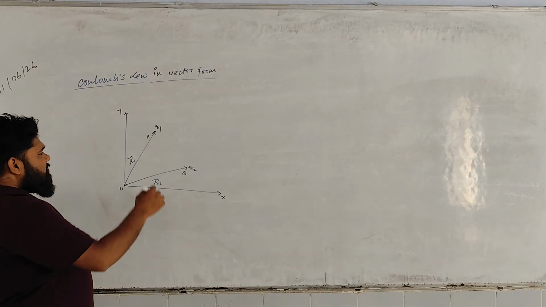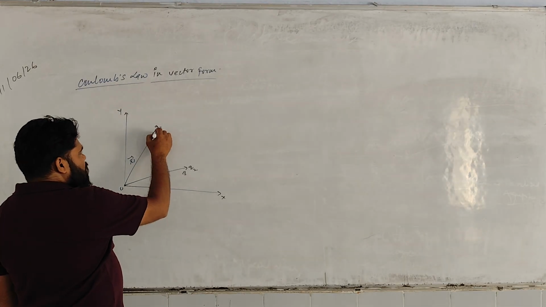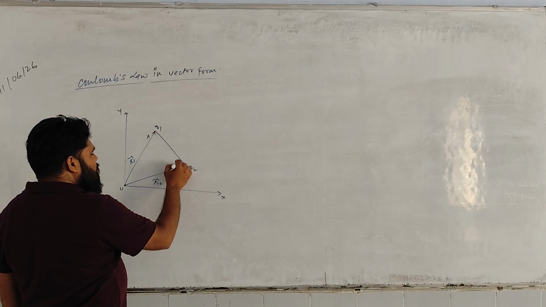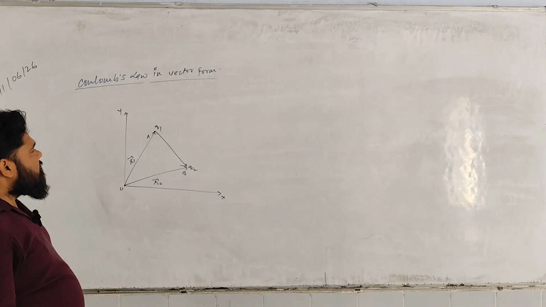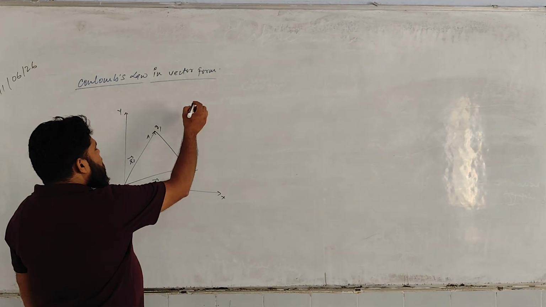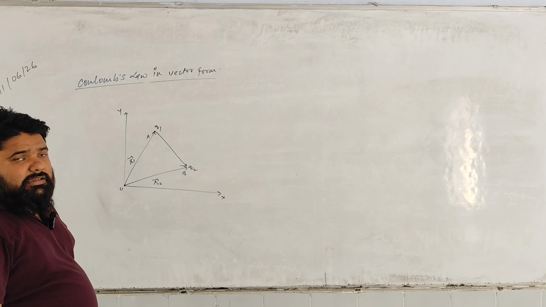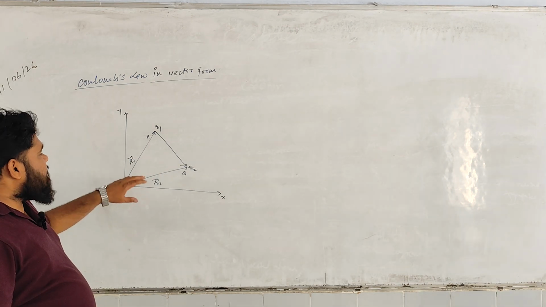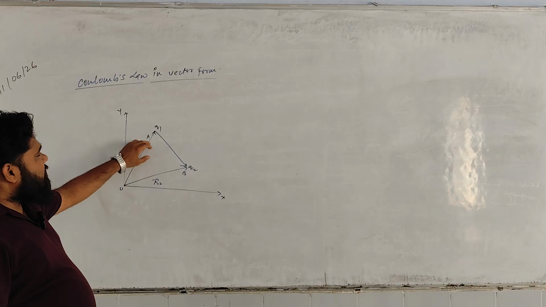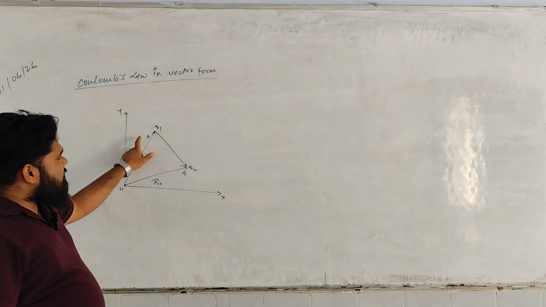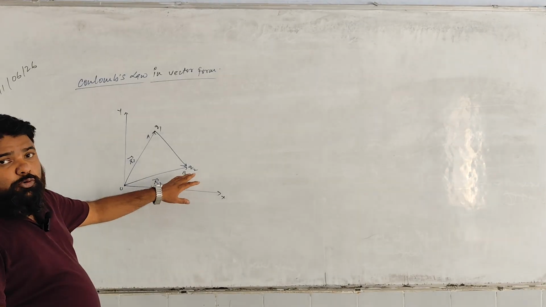So when we join q1 to q2, the vector leading from q1 to q2, what will be the vector q1 q2? If we recall the triangle law of vector addition, this is the vector, and on the head of this vector there is the tail of this vector. So the sum of these two vectors must be equal to OB.